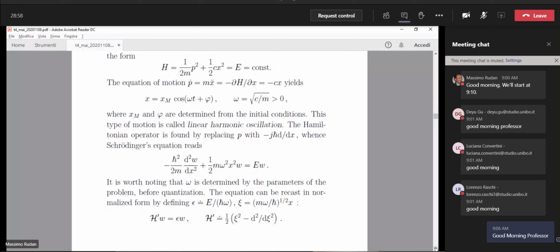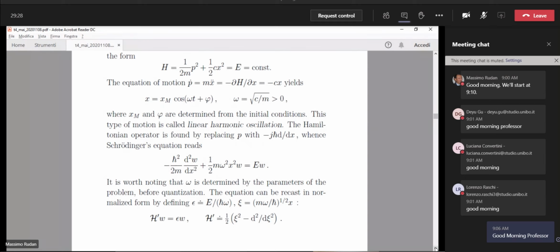We already observed this property in the analysis of the crystal. You remember that in that case we had many values of omega squared that eventually were the eigenvalues of the equation that we were solving.